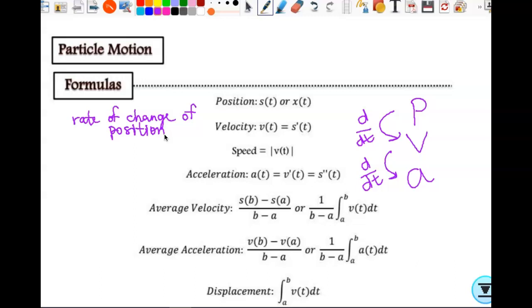All right, acceleration. Acceleration is the first derivative of velocity or the second derivative of position, all right? I'm going to write down that acceleration is the rate of change of velocity. So acceleration describes how fast velocity is changing.